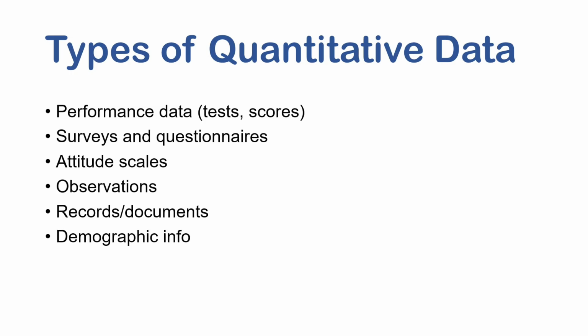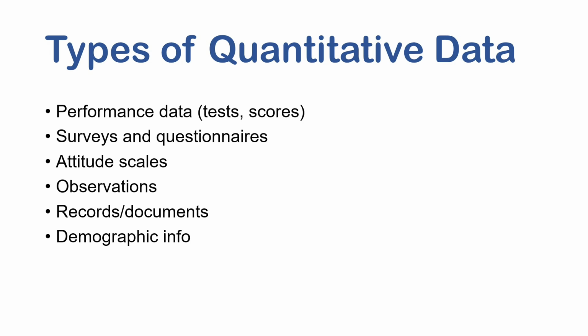Third is deciding what type of data to collect. The type of data we collect must match our research question, of course. Researchers may collect performance data like test scores, questionnaire responses, attitude scales, behavioral observations, records and documentation, and demographic information.